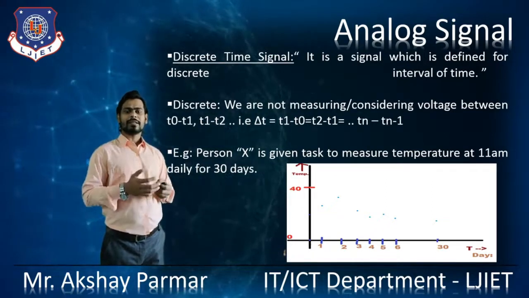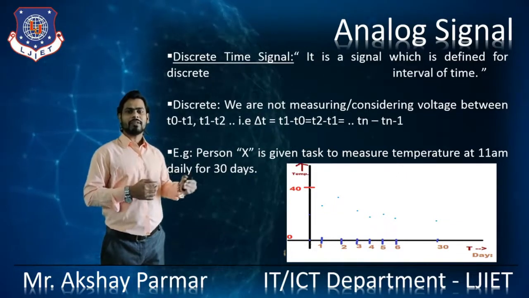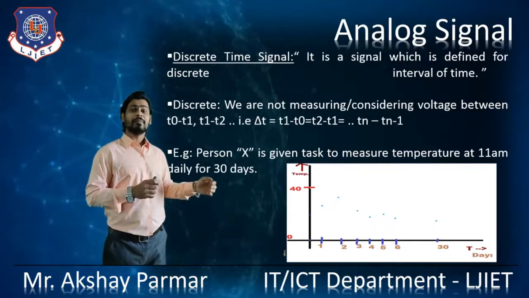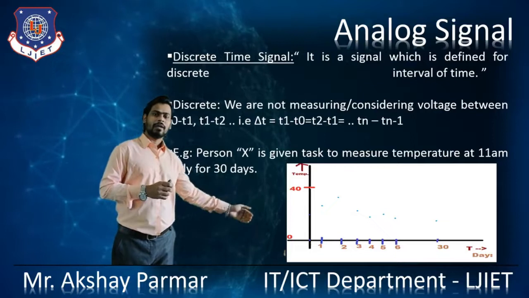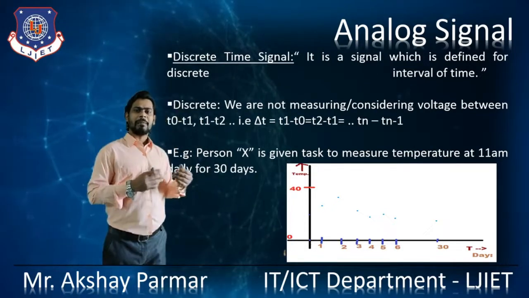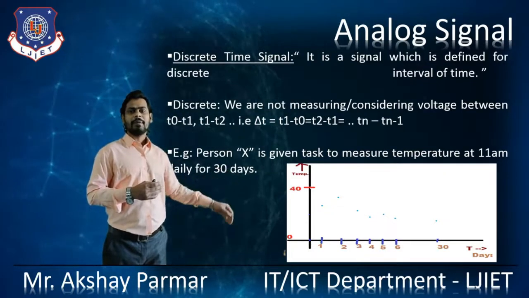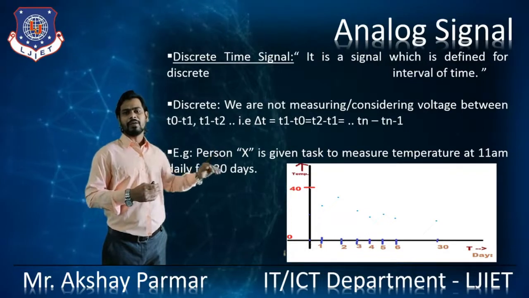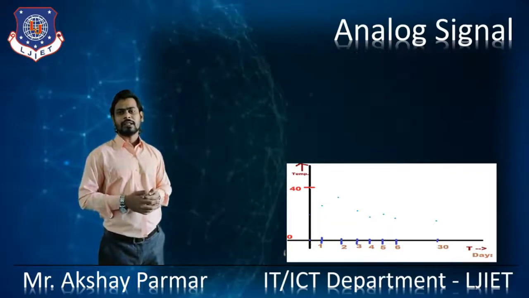So we measure the temperature at sharp 11 am on each of the 30 days: day 1, day 2, day 3, day 4, day 5 and so on. But the temperature measured on any particular day can take any value within a range. This is how a discrete time signal works in analog signals.